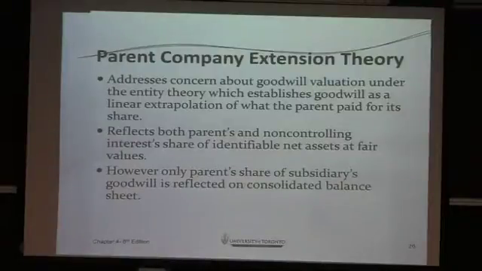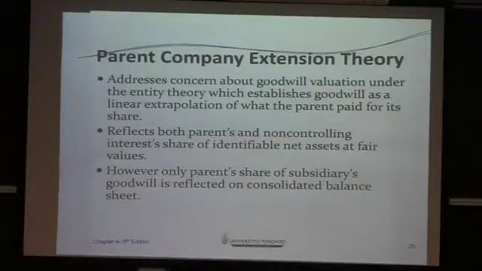So what this method says is that I understand that we need to value the business at 100%, but given that the goodwill is based on the parent's acquisition, it doesn't make sense that the non-controlling interest would also pick up their share of that goodwill.